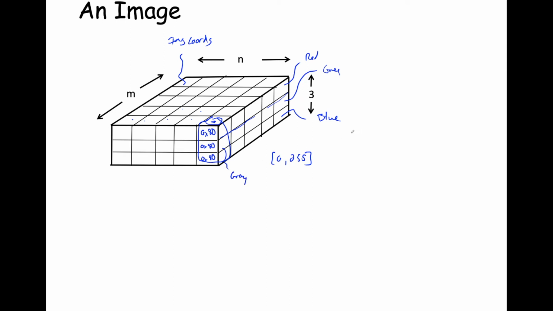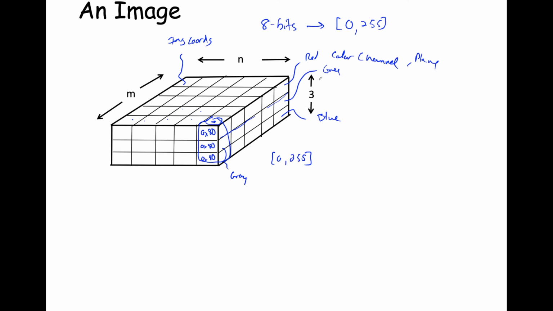And so each one of these cells is represented as 8 bits because we need 8 bits to represent a number in that interval between 0 and 255. Okay. And so name-wise, we call that first slice the red color channel, or the red plane.